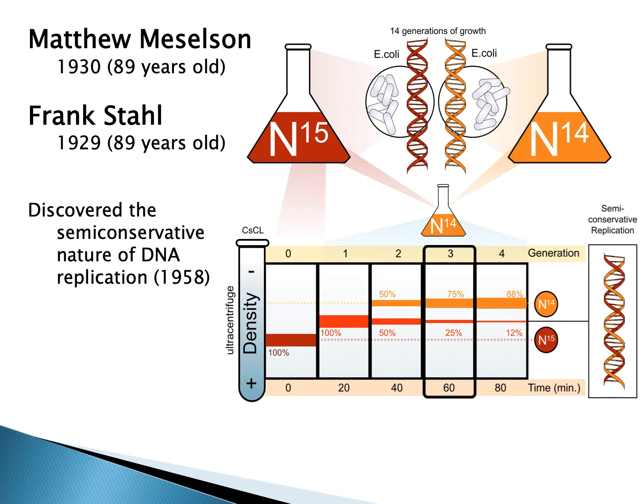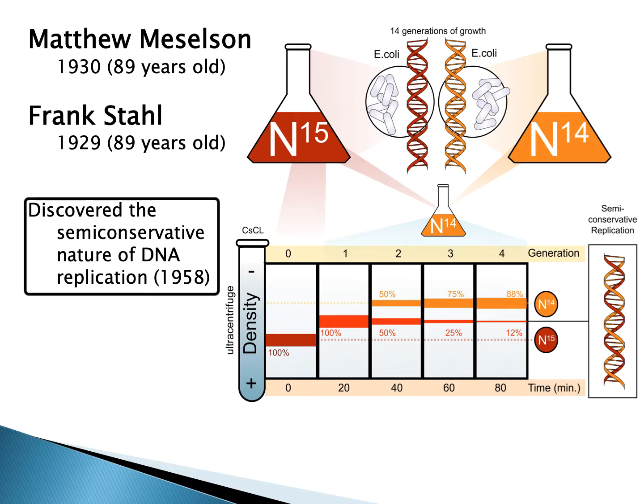And eventually, after many generations, doubling times of 20 minutes each, most of the DNA had two light strands, and very few of the molecules had one light strand and one heavy strand, and no molecules at the end had both heavy strands, indicating that the DNA underwent semi-conservative replication. That is, one strand was always used as a template to build a new strand that was complementary to it.